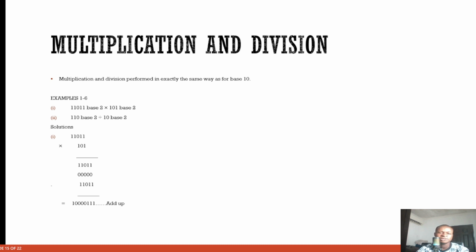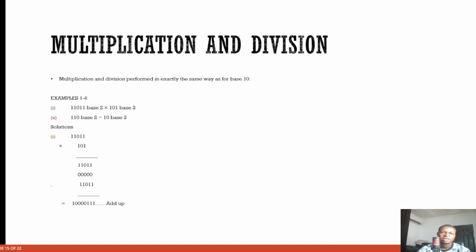Now for the division part. I'm not going to be taking you through the long division method, but I'm going to be taking you through one shortcut. By converting each number base to base 10, I divide and I convert it back to base 2.